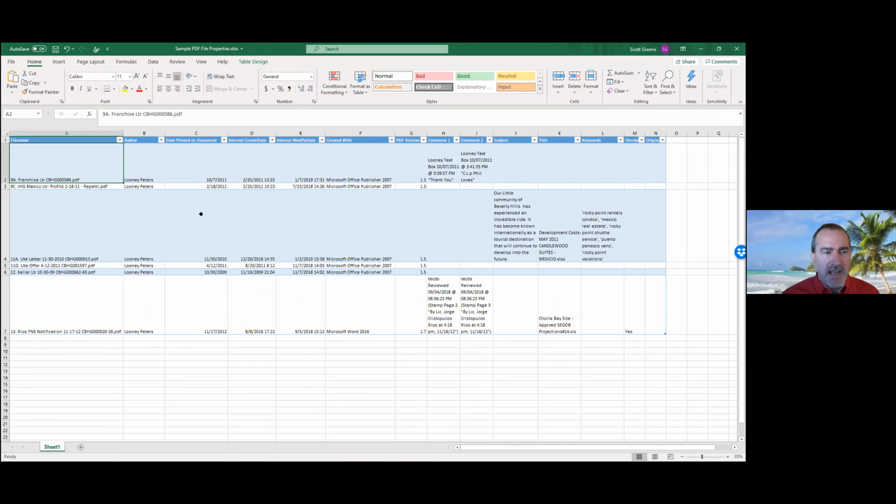I had the file name, of course. I had who the author was, which was embedded into the file, Looney. We've changed the name to protect the innocent again. The date printed on the document shows when this document was printed, as if the date of the letter or the date of a document. We see that this is 10/7 of 2011.